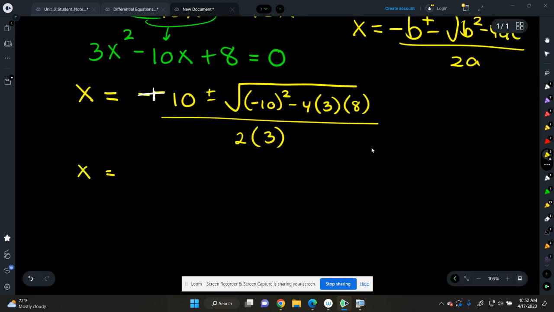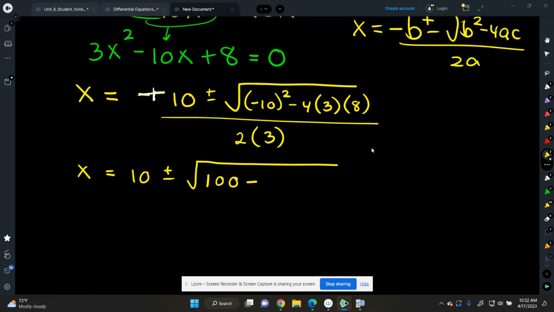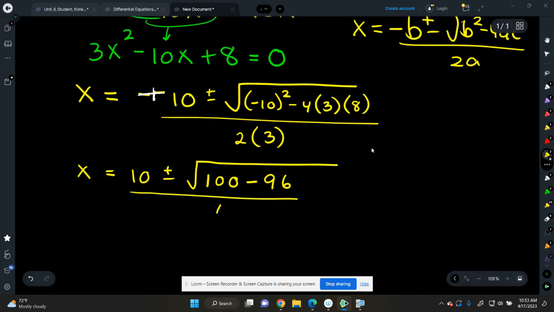So x equals 10 plus or minus the square root of negative 10 squared is 100. And this is going to be minus, let's see here, I've got 4 times 3 is 12. 12 times 8 is 96 over 6. So that equals 10 plus or minus the square root of 4 over 6.